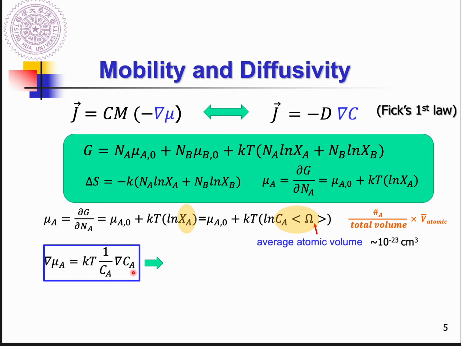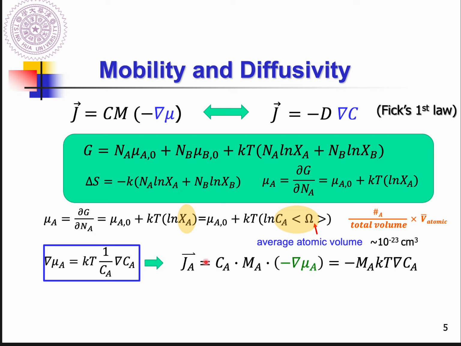So it's reasonable why some people misunderstand that the concentration gradient is a driving force for the diffusion phenomenon. Okay, so let's move forward here. We know there's a relationship between the chemical potential and concentration gradient. So let's substitute this term with this term here.